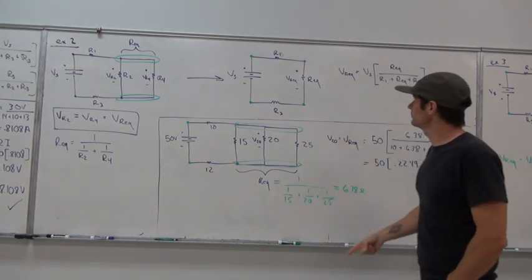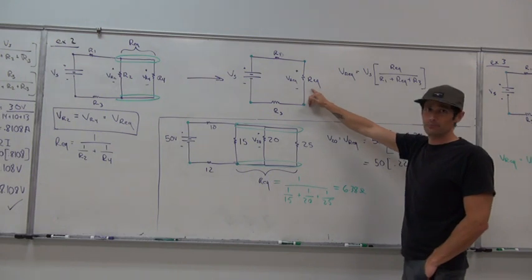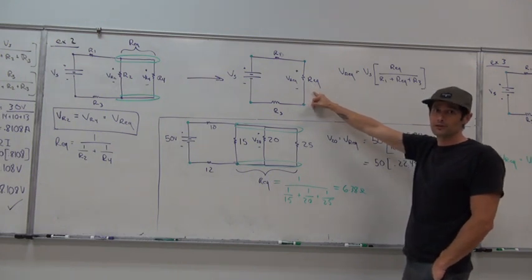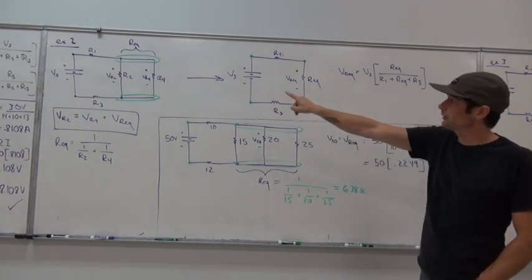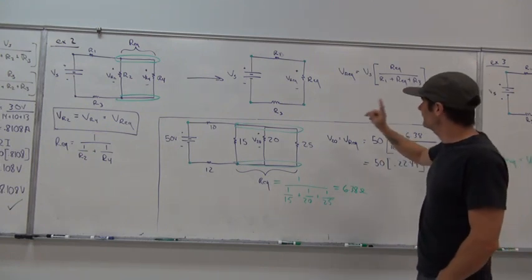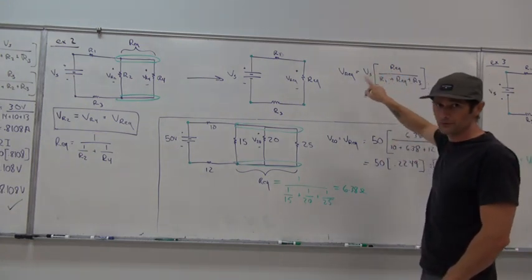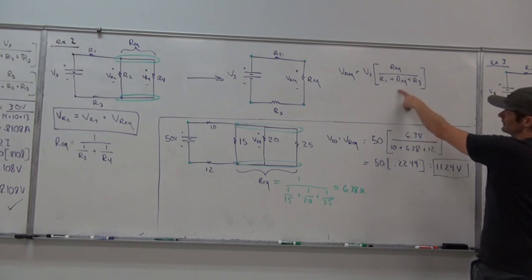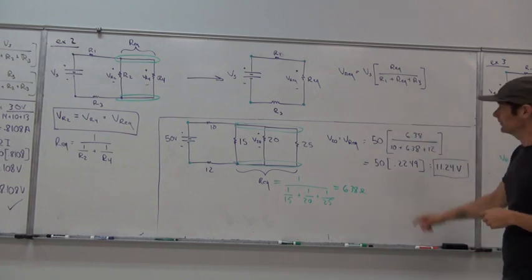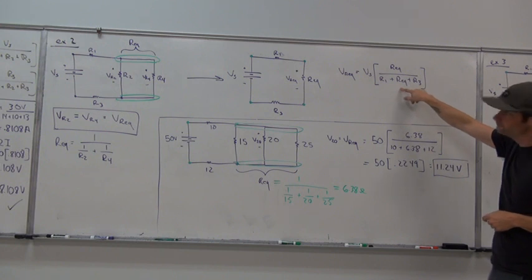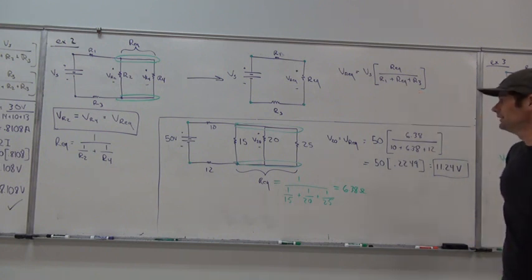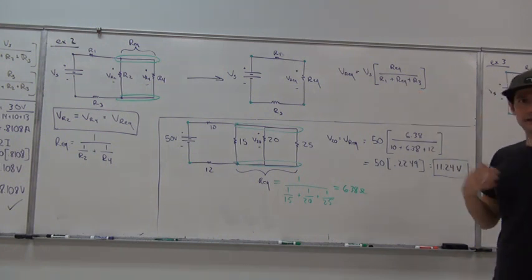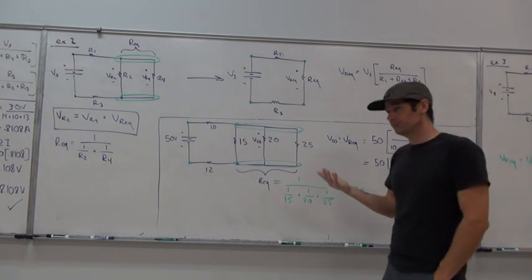Once we break it down to that parallel equivalence, we can use voltage division, but instead of using R2 or R4, we have to put the value of that equivalent resistance in the numerator. And in the denominator, in the summation of those resistances, we have to put in REQ at the bottom here. So let's see if we can apply this with actual numbers.